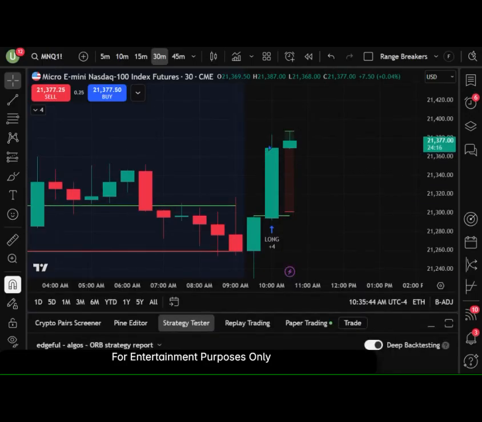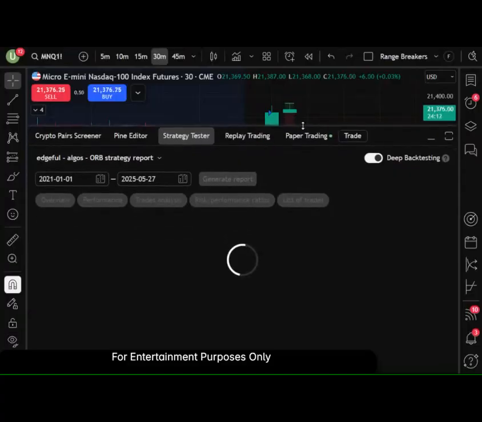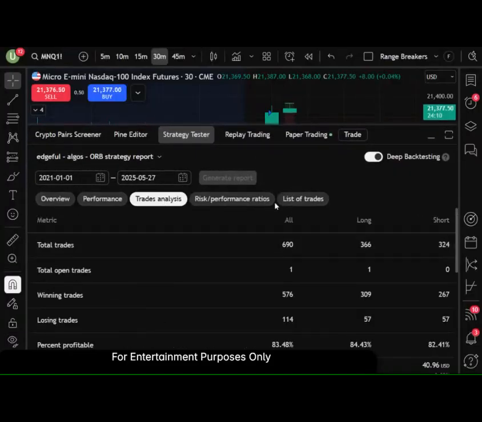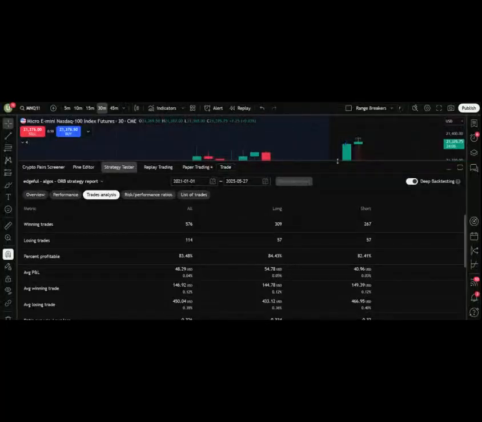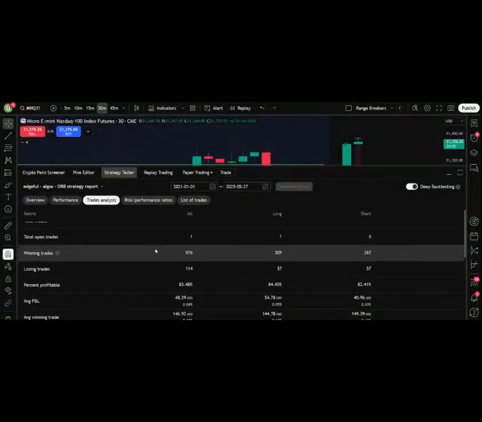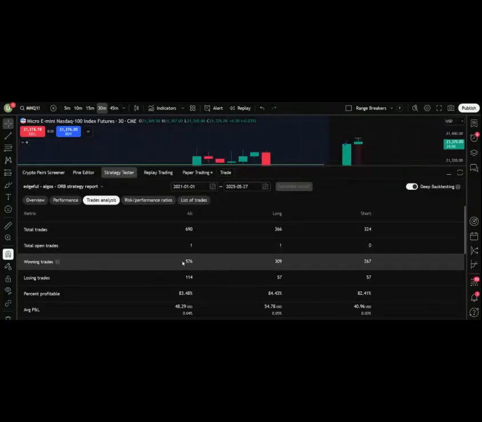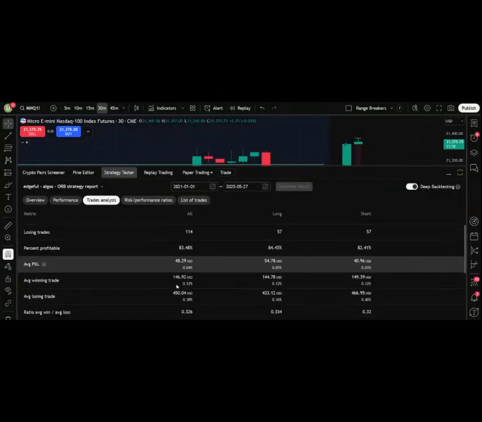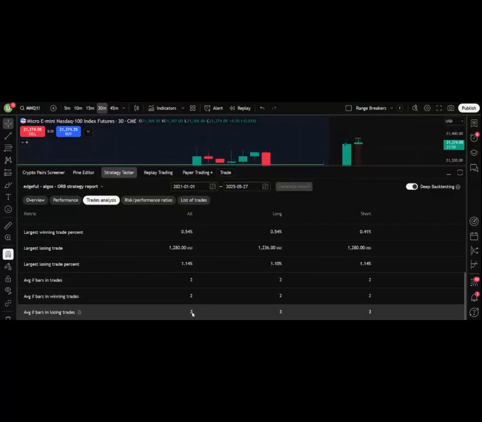And also, too, you can see, this is cool. You can see the total trades, open trades, obviously, winning trades, losing trades, and then average number of bars in the trade that it takes. 2 bars, 2 bars, average and losing trades.